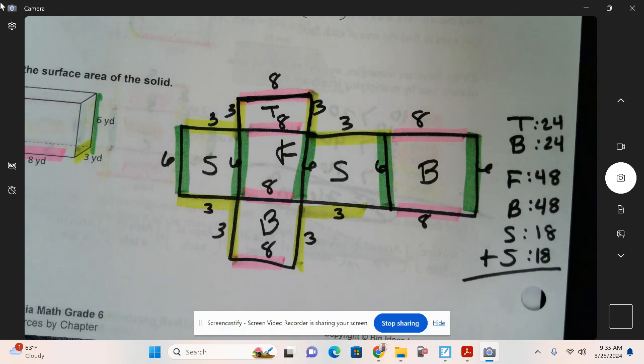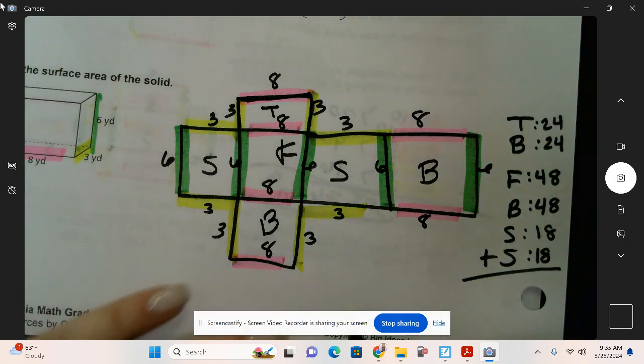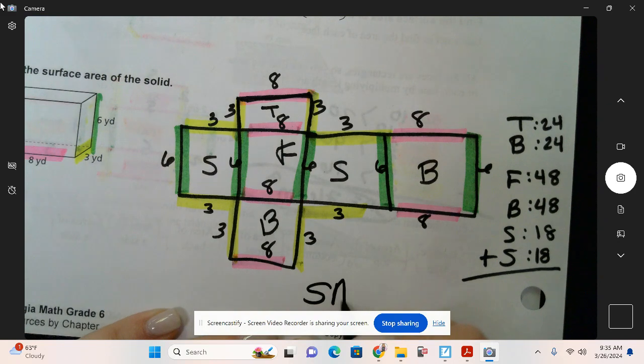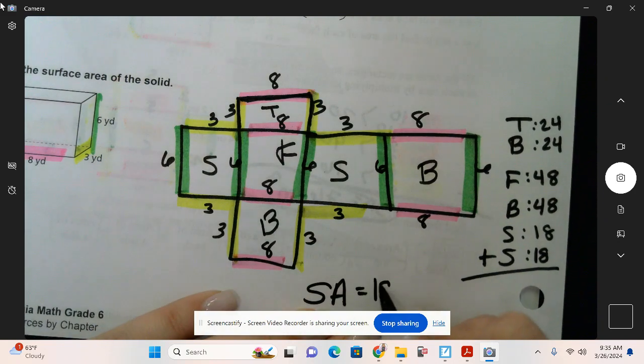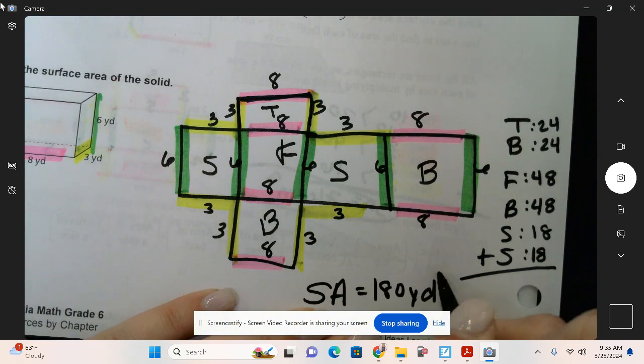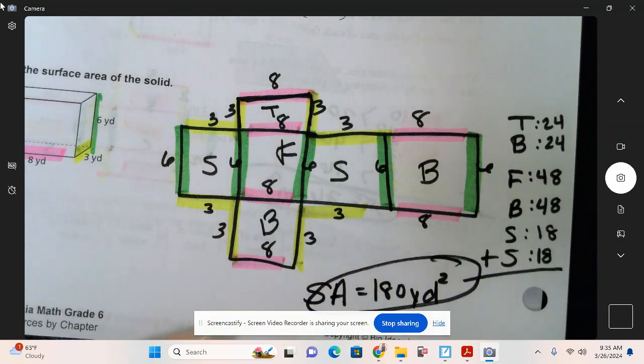What'd you get, Taylor? 180. Anybody else get 180? Raise your hand. Good, because that's what the answer is. Your surface area equals 180 square yards.